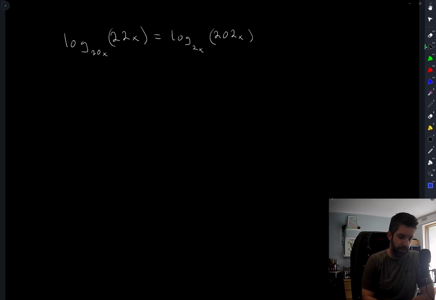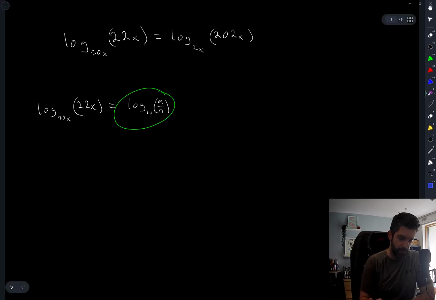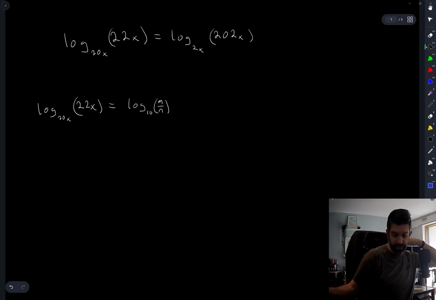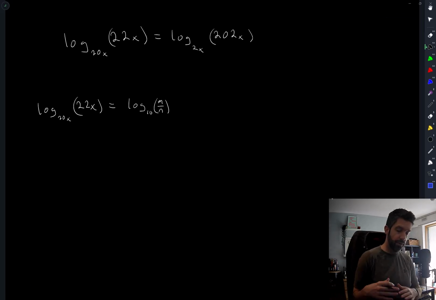Okay, so what we really want to find eventually is that log base 20x of 22x is equal to log base 10 of m/n. We want to write this number in this way, but we're starting with the original equation. So the first thing I'll probably try to do here is just use laws of logarithms to rearrange this in a way that might help us somewhere.